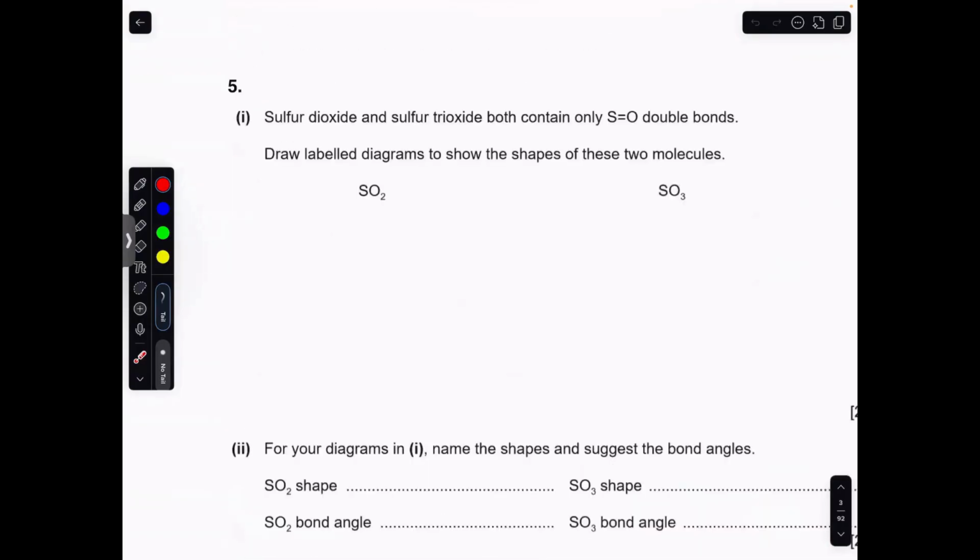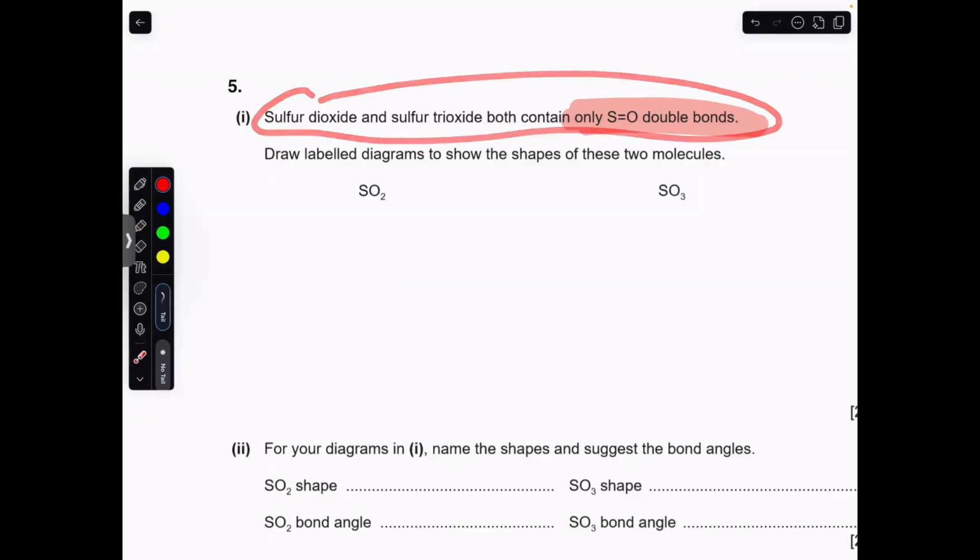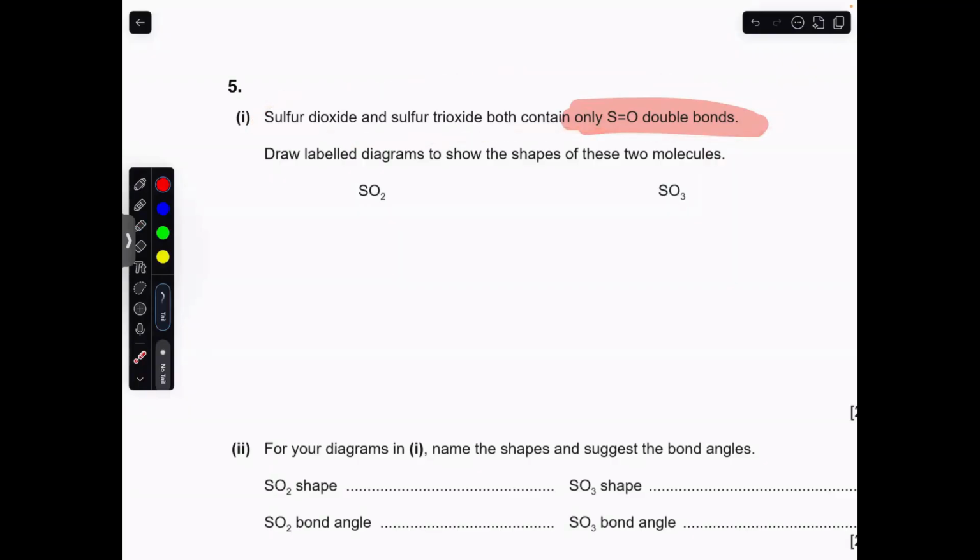Look, if you see what they're writing, they are saying that both contain only double bonds. It's clearly written, most of the time, because they know that students can go for dative bonds or something else. So if you read your question clearly, you will find that you are guided most of the time.